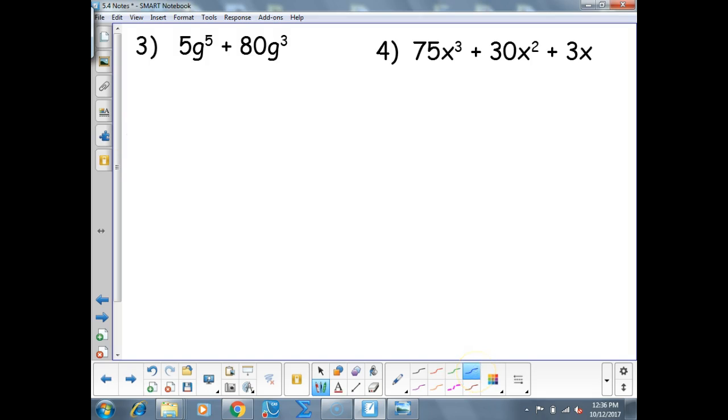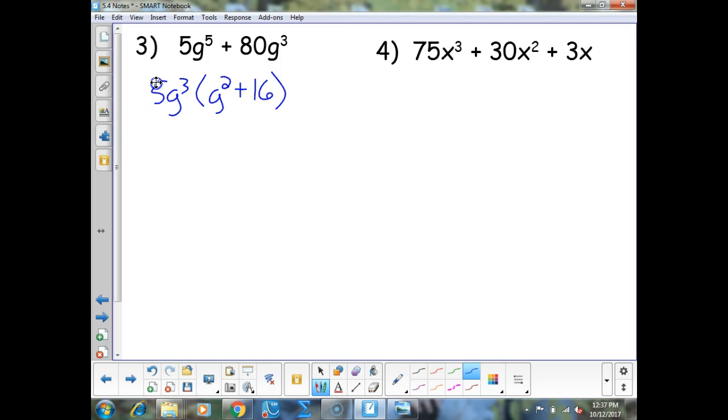All right, what did we do for the first one? Or third one, I should say. GCF or no GCF? GCF of what? 5g cubed. What's left over? Plus 16. Okay.